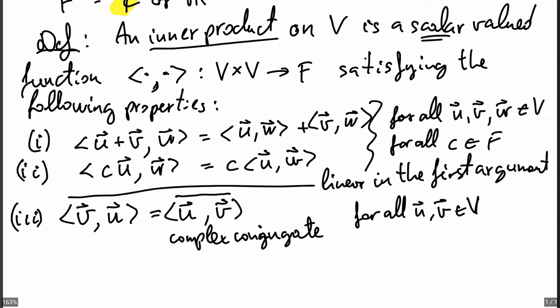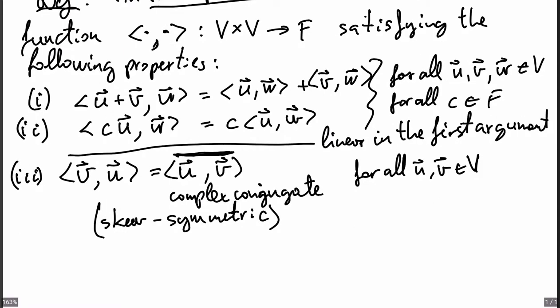And this kind of thing, when you change the order and you don't get the same thing, you get the complex conjugate, is called the skew symmetric property. For example, there are matrices that have this property that you transpose them, which is like switching them around, and you get a complex conjugate of the original matrix.